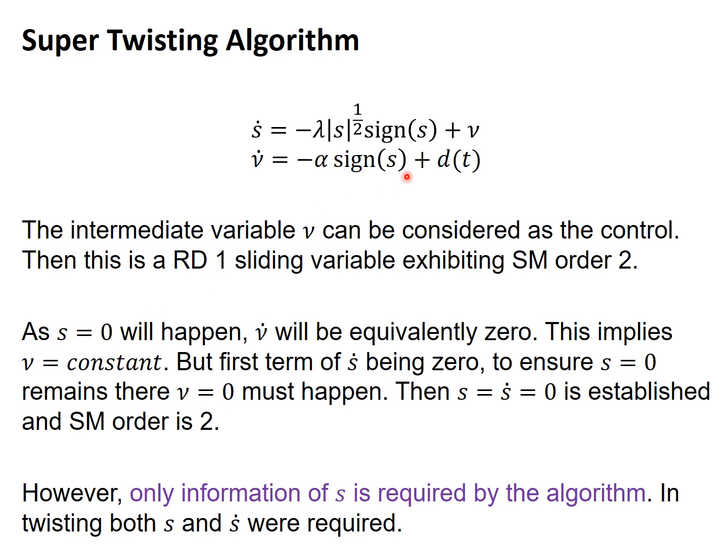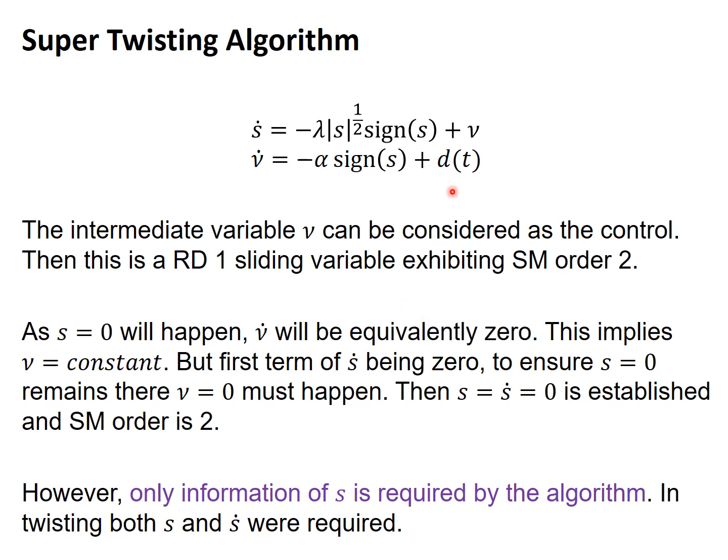Let us suppose that S equals 0 has already happened. Then this part will be equivalently 0, because sin S will ideally take such a value that it cancels this whole part out, cancels this disturbance. So, nu dot will be equivalently 0.